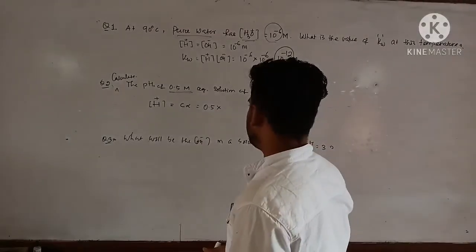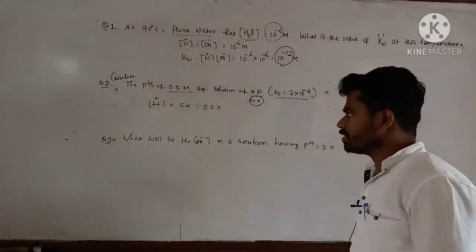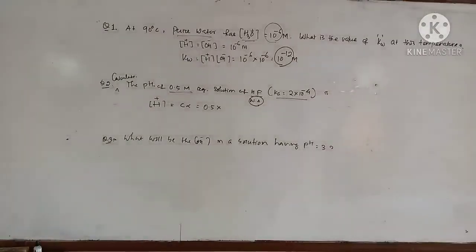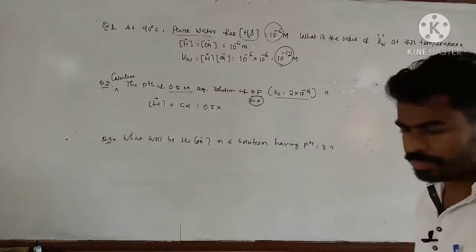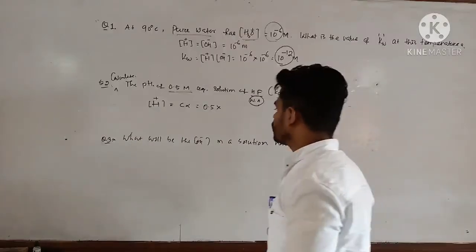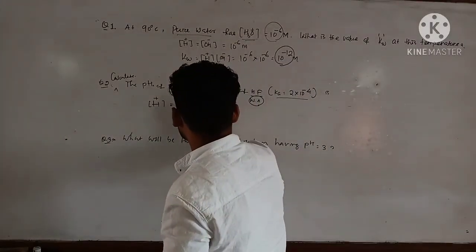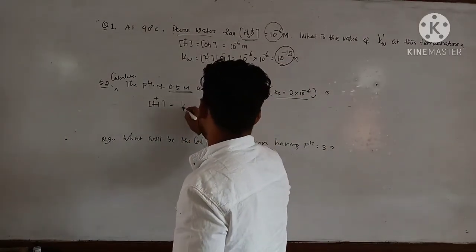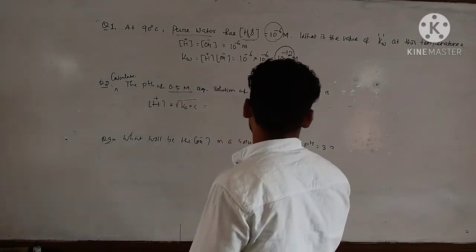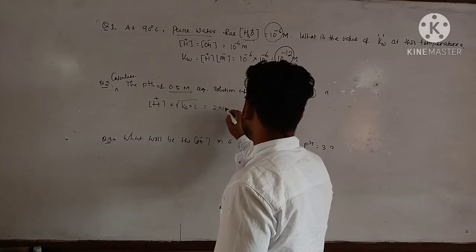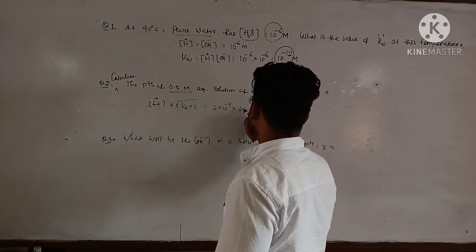So just apply over here, H plus is root over Ka into C. So Ka is giving you 2 into 10 to the power minus 4 into concentration 0.5.